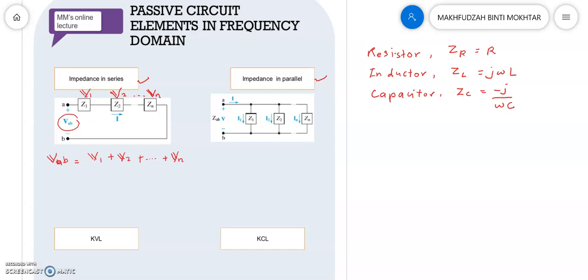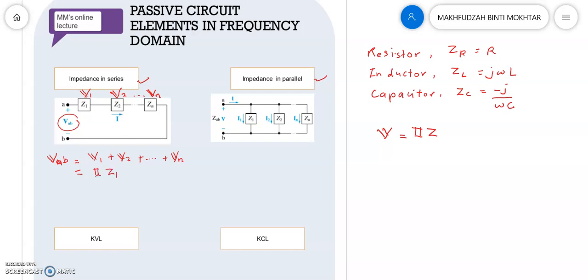And we have seen before that each voltage has a relationship with I and Z. With that definition, for V1 we will have I and Z1.